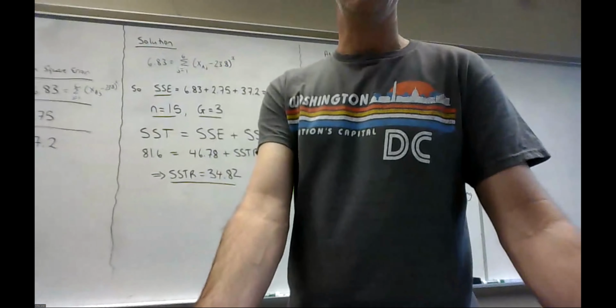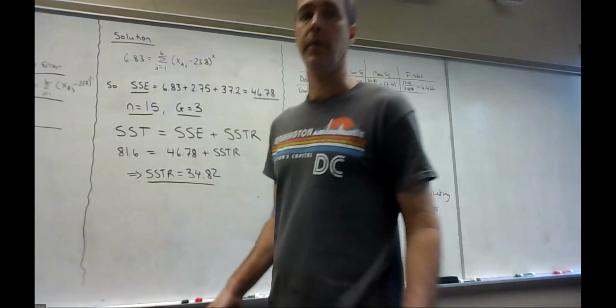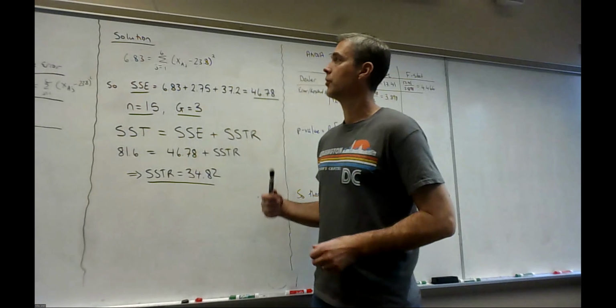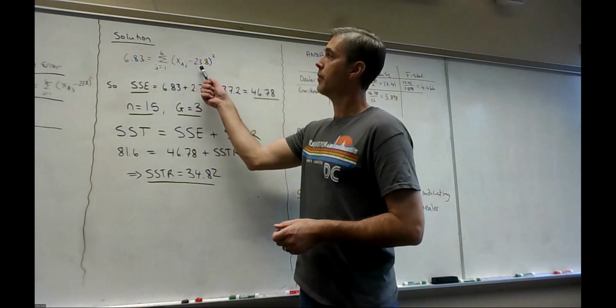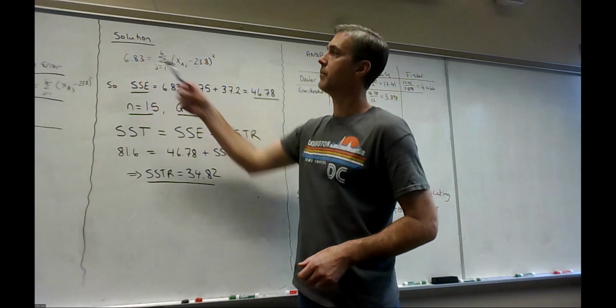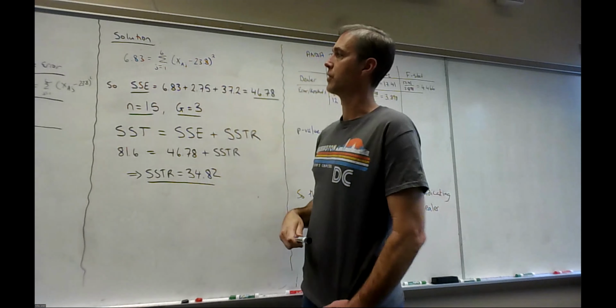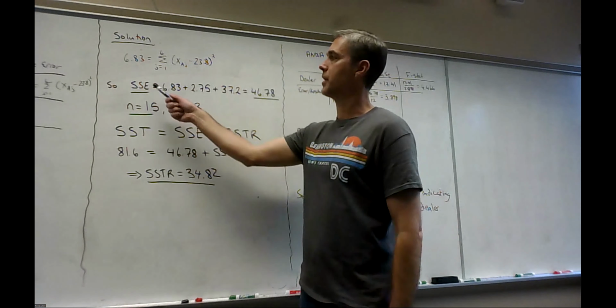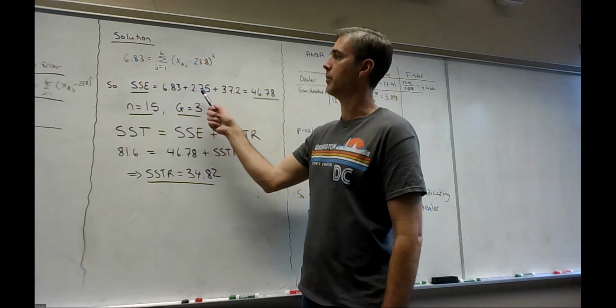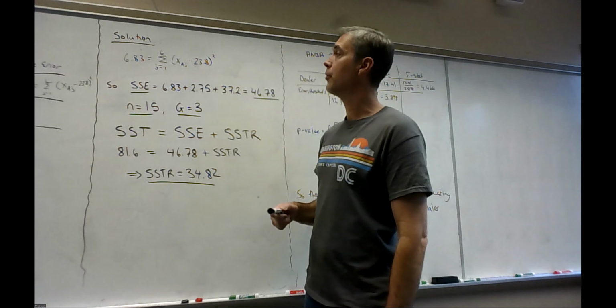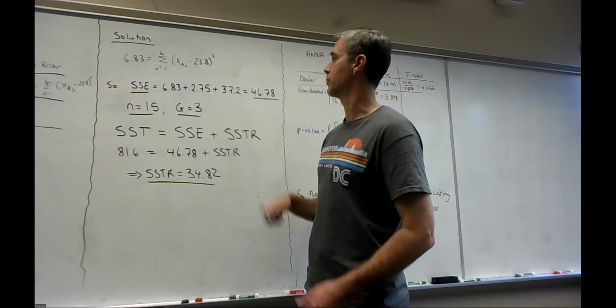So we've been provided with a lot of the computational knowledge already. If we start looking towards the solution, as I mentioned earlier, the sum of squares from each dealer is just telling us this difference for dealer A, for example. So overall, the sum of squares error would be the 6.83 plus the 2.75 plus the 37.2, which would give us the 46.78.